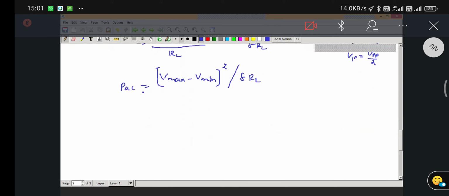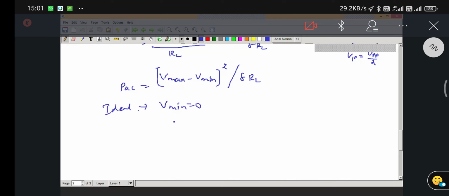Let's do the ideal calculations. If I find out the ideal output power, there's a maximum output power here for the ideal case. So what is the V minimum value here?